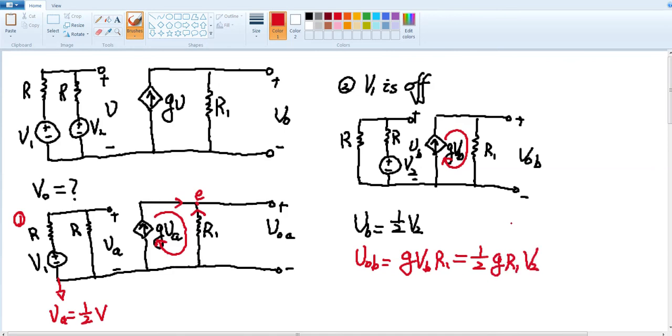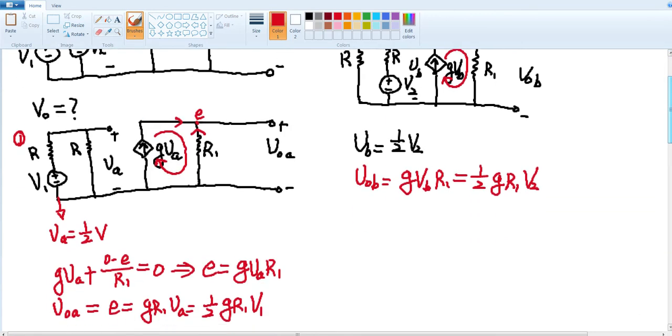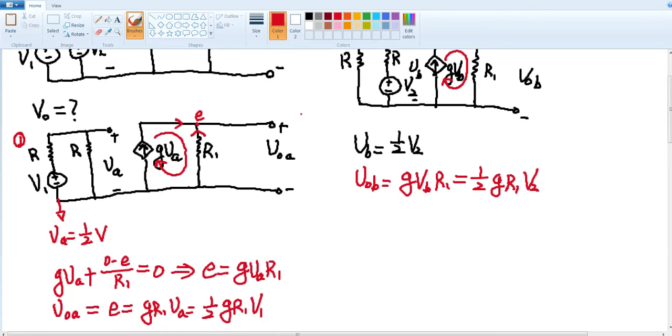So far we have calculated the contributions from V1 and V2 onto the output voltage separately. For superposition, we need to combine them together in the end. So the total output voltage, VO, should be equal to VOA plus VOB.